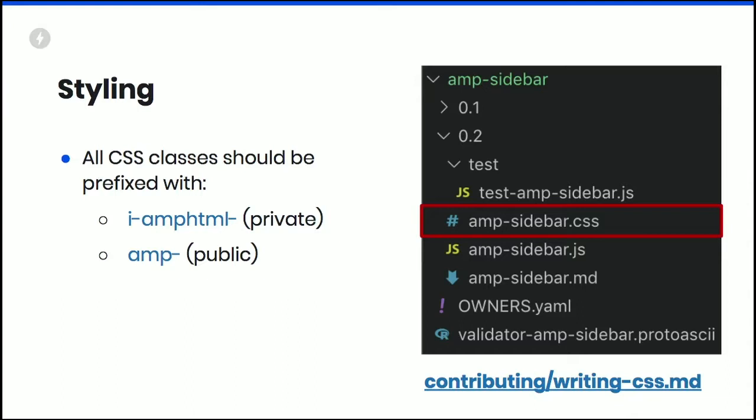The first case is when you have a private class that you don't want publishers to customize. The other case is when you have public classes that allow publishers to override. And the second case should be documented well in your Markdown file.